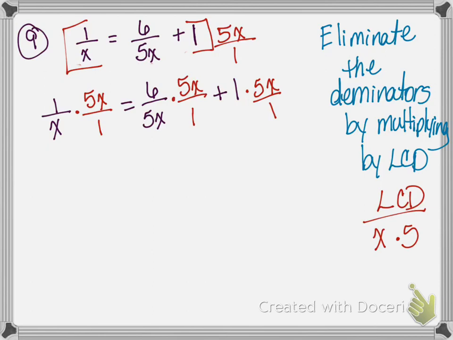Okay? So this x and this x cancel. What am I left with there? Good. 5x and 5x cancel, so I'm left with 6. Okay, I don't have anything that cancels right there, so I write down 5x.